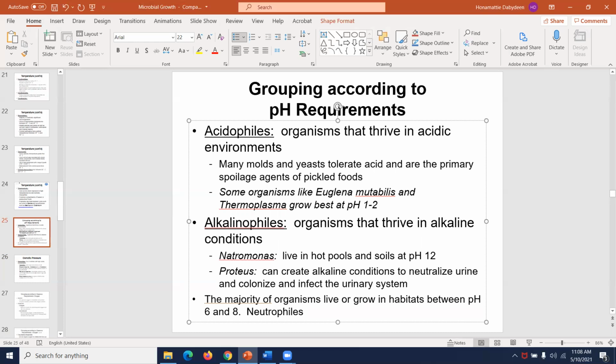And most of the organisms that are going to be pathogenic to humans will also fall within this category. So we'll be learning a lot about them. In fact, when we make media in the lab, normally we will adjust the pH of the medium to 7 so that we can cultivate most of the organisms we want to learn about, the neutrophiles, and see how they react to the different media.